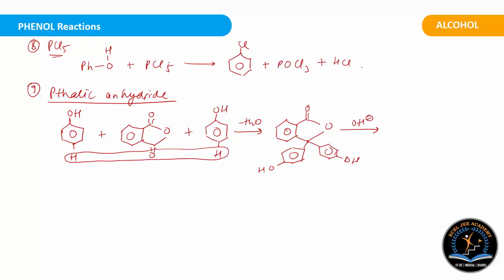Now in the presence of a base, what is going to happen? This oxygen has a lone pair, and this lone pair can come back this way and move in here. If it comes back, there will be a double bond formation, therefore this charge will be moved, and the O will be written with a minus sign.